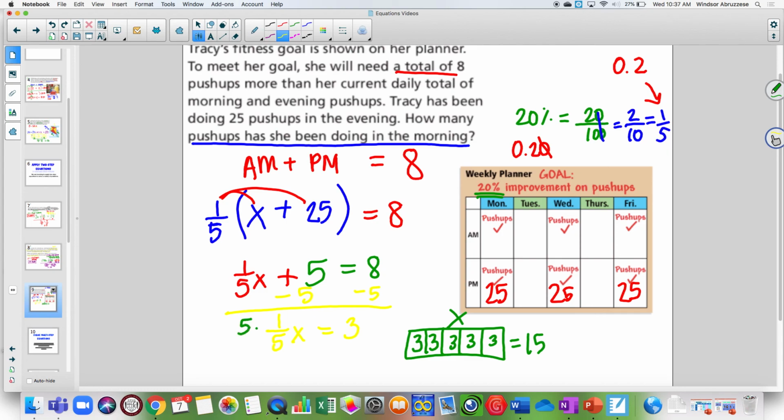Times 5. Or we can say we're going to multiply by the reciprocal. Don't forget that word, reciprocal. 1/5 times 5 over 1 gives us our 1x equals 15. That means she did 15 push-ups in the morning and 25 at night. Let's try some more writing and applying 2-step equations on our own.